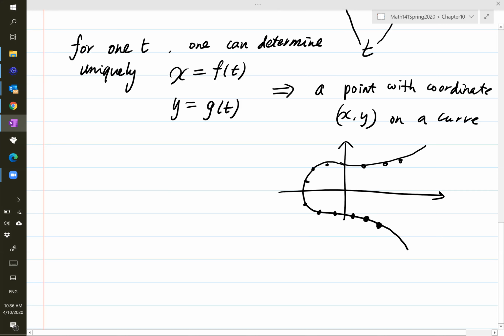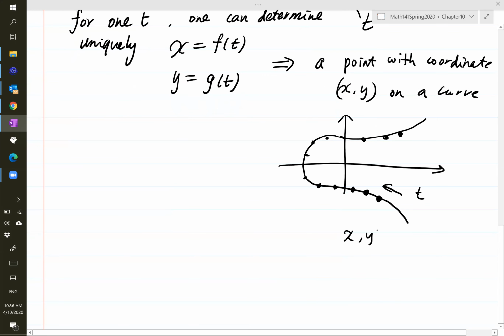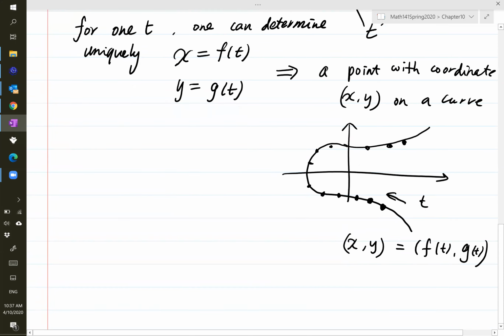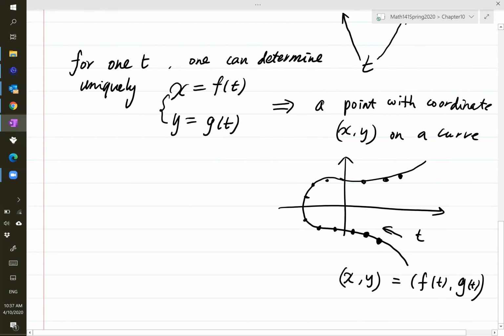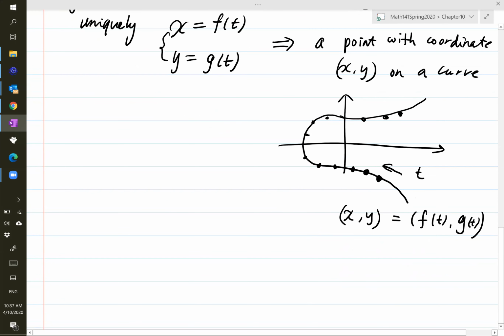So t is changing, and (x, y) equals (f(t), g(t)). So we get a relation between x and y through the variable t.